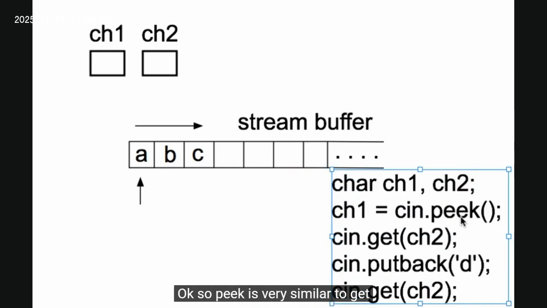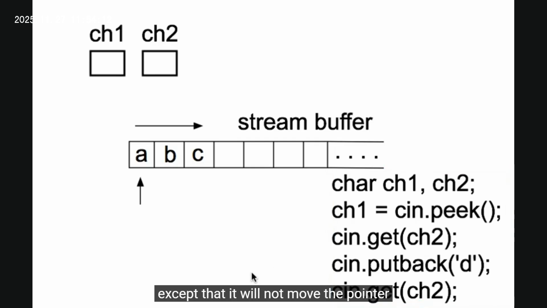Peek is very similar to get, except that it will not move the pointer over to read the next item. Remember that that's what we did with get. With peek, we still will read the character from the buffer into ch1, so we'll grab the A, but this time it's not removed from the stream buffer.